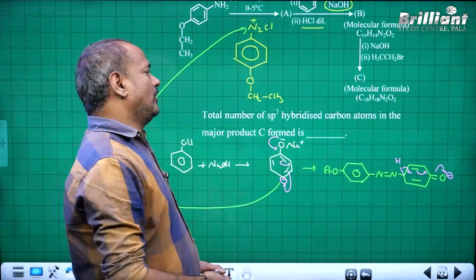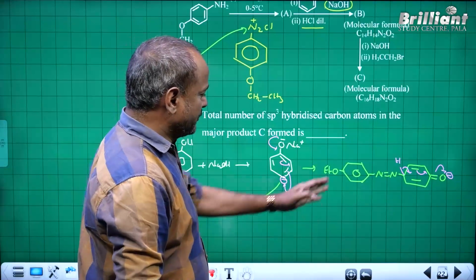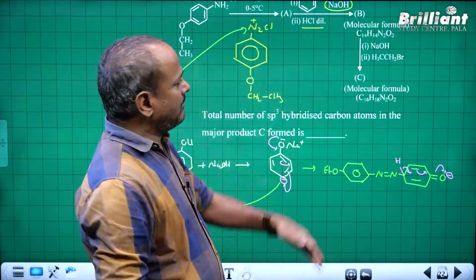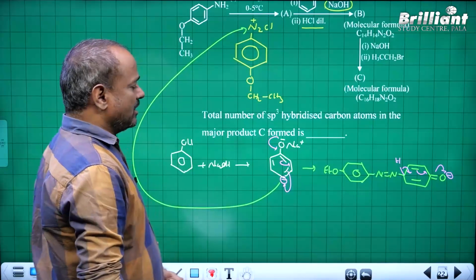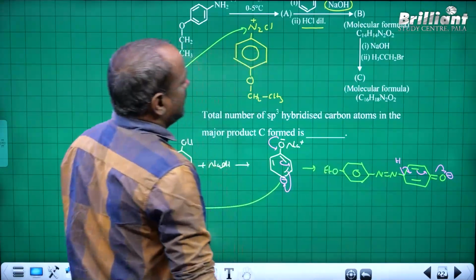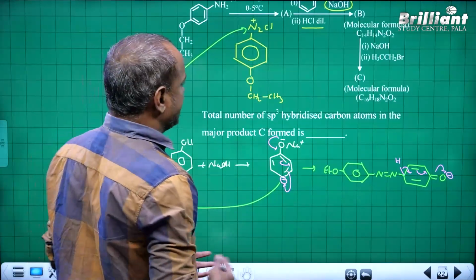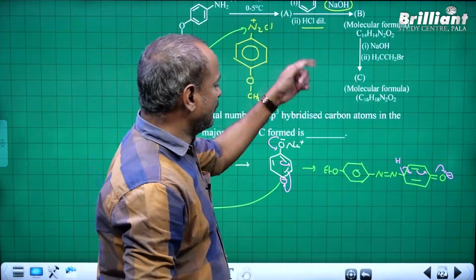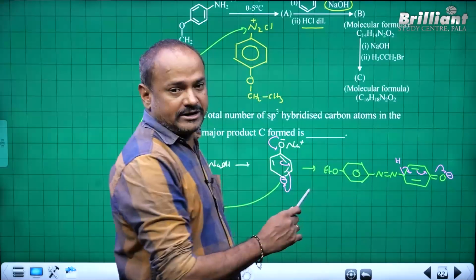But one small doubt here: ether also undergoes hydrolysis in acidic medium to form phenol. But here the number is given, that is the important one. If the number is not given, we can take this also as hydrolysis. That is nothing but OEt also hydrolyzing to form OH, phenol, because of hydrolysis in the acidic medium. Ethers undergo hydrolysis in acidic medium, there is no doubt. But count the number of carbon atoms. So, C14, that is 6 plus 6, 12 plus 2 in the ether.